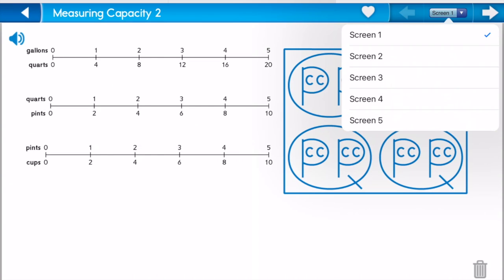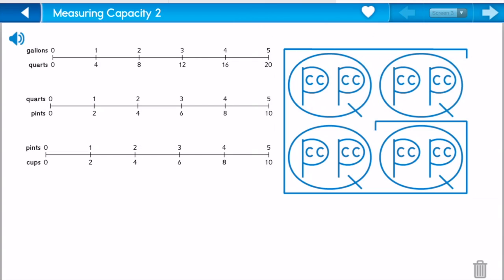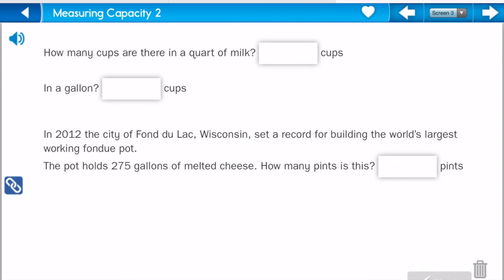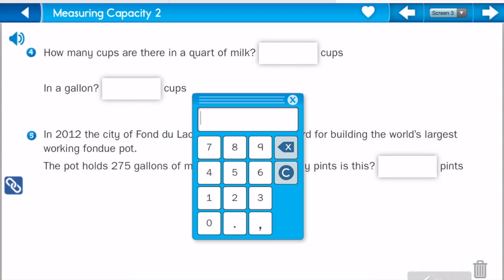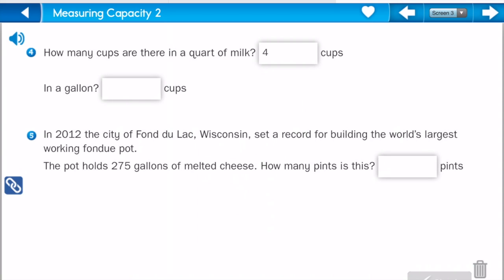So we can write that down on our third screen. 4. Okay. And a gallon. And there's 4 quarts in a gallon. How many cups would that be? We're going to need to take 4 times 4. And that is, yes, it's 16.